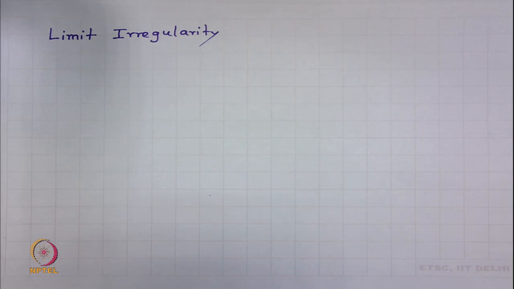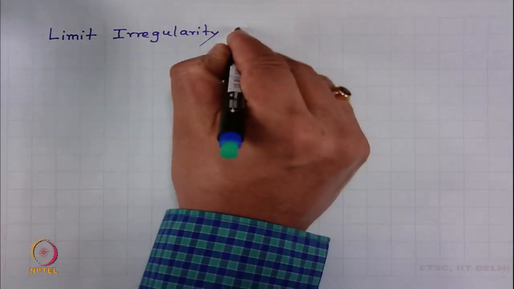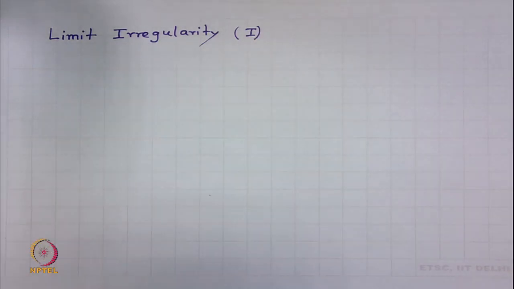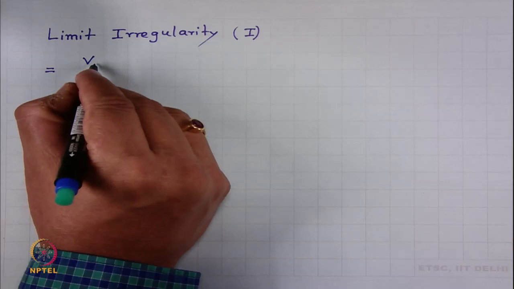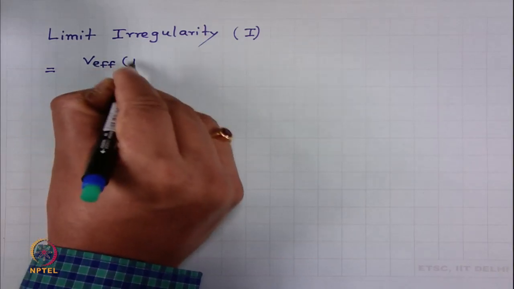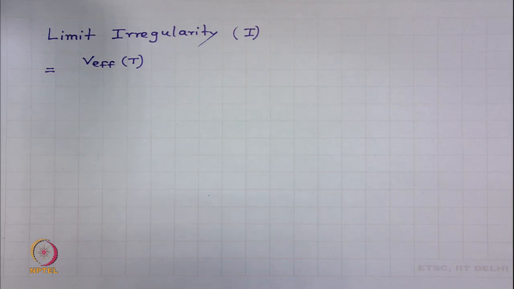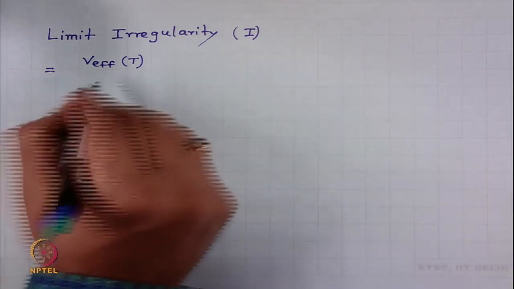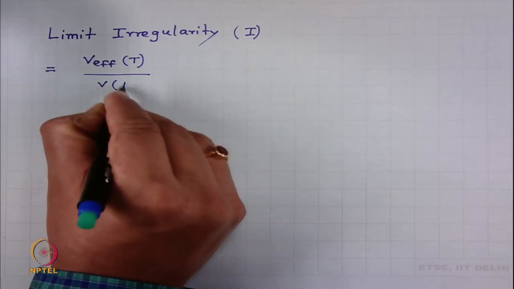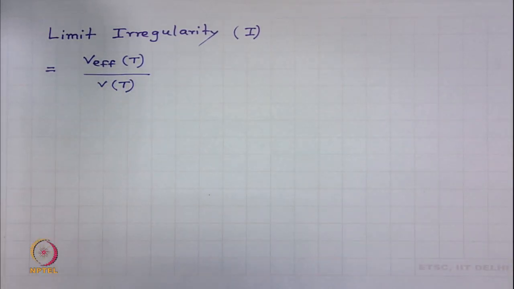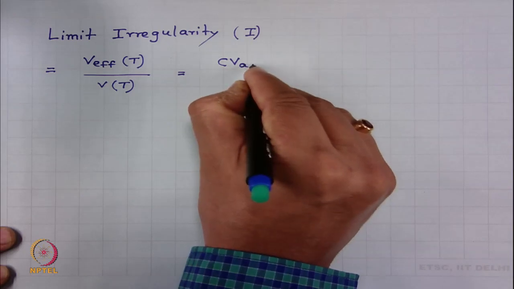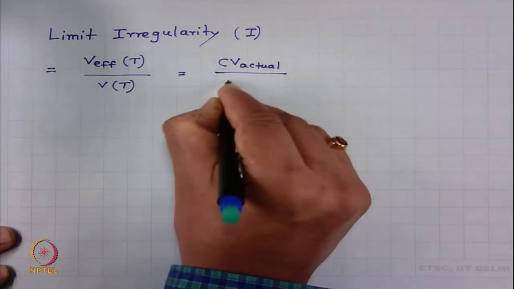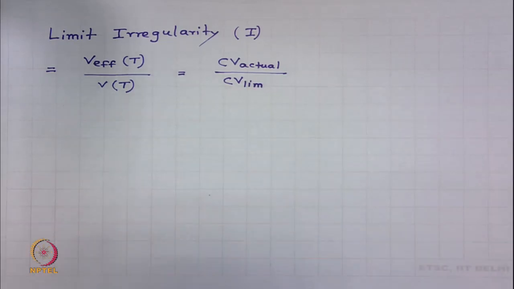This limit irregularity is often expressed by I is defined by actual experimental mass CV divided by limit CV. That means, CV actual by CV limit.